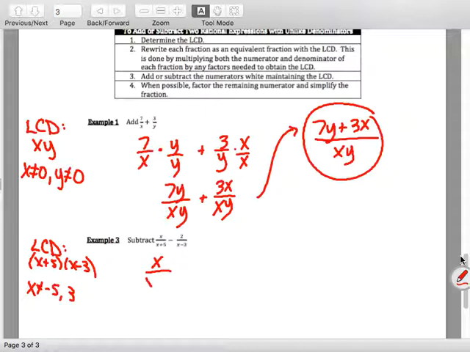So I'm going to need to build the common denominators. So the first fraction, I need to multiply by x minus 3 over x minus 3. The second fraction, I'm missing the x plus 5.